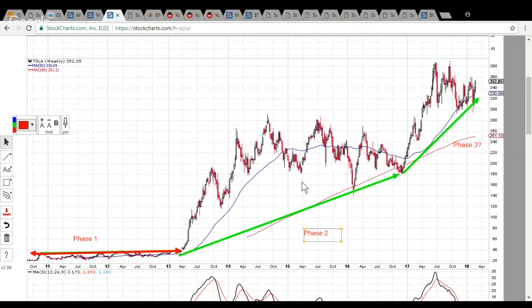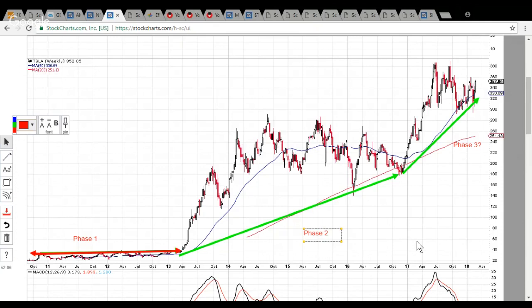But now this one turned around and surprised us by going back up, didn't really close at a new high, and came all the way back down and formed a possible second angle of a phase 2, as opposed to dropping all the way back down to the bottom. Went back up, came back down, and gave us a second touch point, which also happened to possibly be the beginning of phase 3.